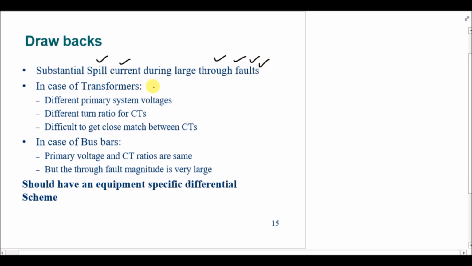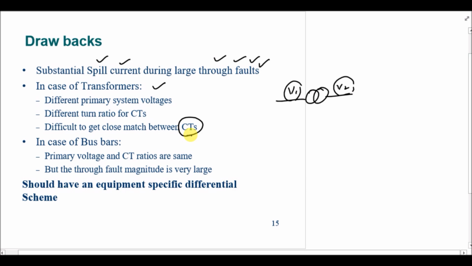But in case of a transformer, we have different voltages on its two sides. We have V1 here and V2 here, so we have different primary voltage as well as different secondary voltage, so we have to use CTs that have different turn ratios, right? And it is very difficult to have a close match between the CTs.